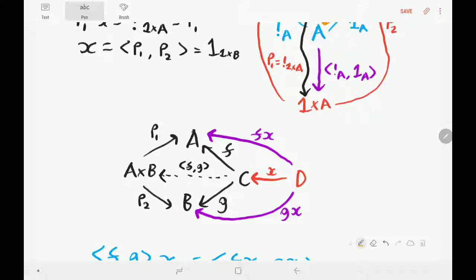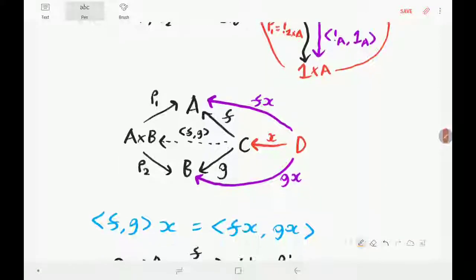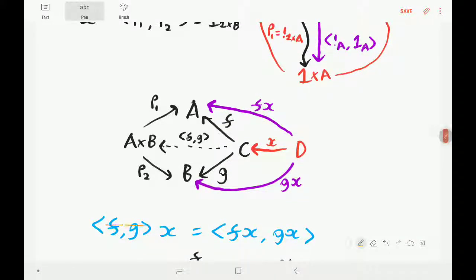Okay, so the core formula that I want to get is this one: if we have another arrow X from D to C, then F comma G after X equals Fx comma Gx. When I say stuff like Gx, I mean G after X. I'm not writing these circles today.